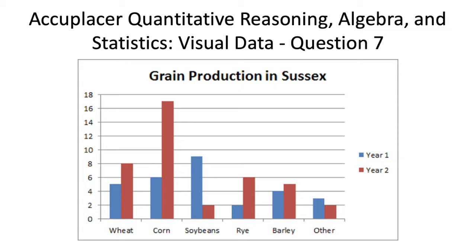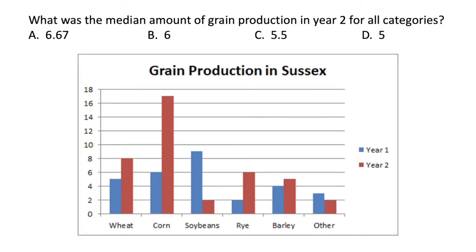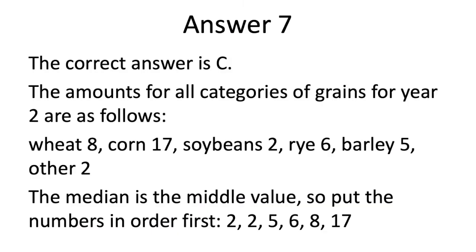Let's go to the Accuplacer Next Generation QAS Visual Data question 7. Here is the bar chart. You will see the bar chart with the question again on the next screen. Now pause to study the data and to answer the question. Let's go to the answer to question 7.